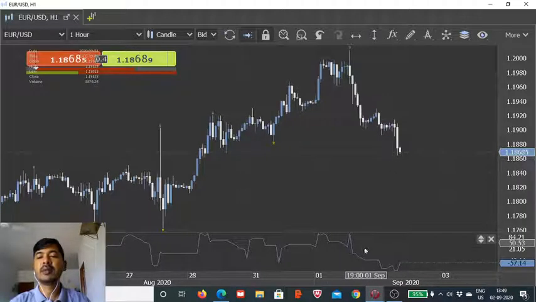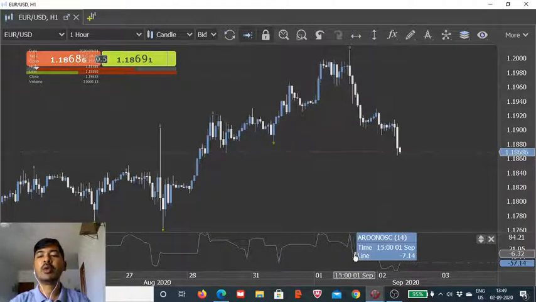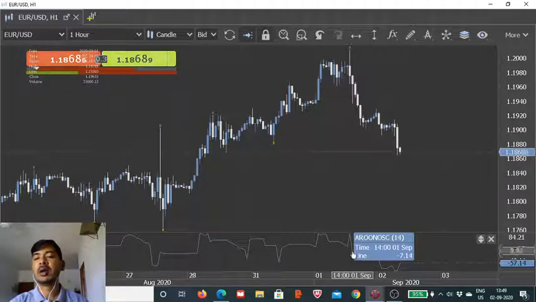Now as I said, a value below 0 is considered as pointing to the bearish trajectory of the underlying instrument. You can observe from the chart as well. Here at 14 GMT, the value drops into negative territory.